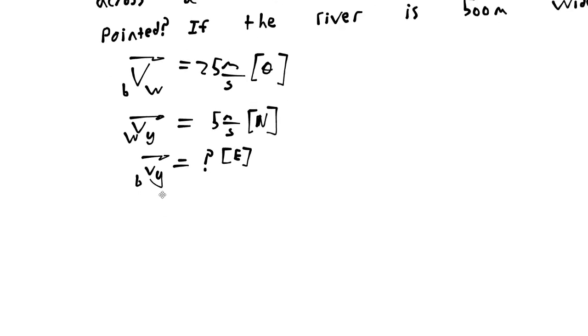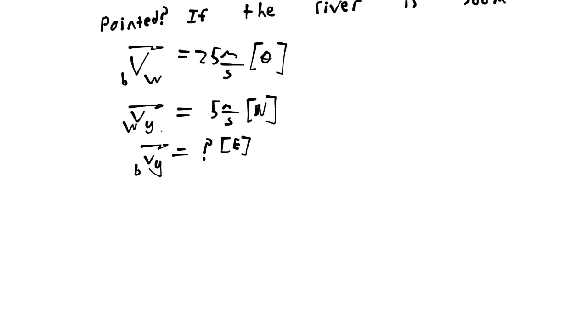So for the boat's velocity to the ground, you have to add the boat's velocity to the water and the water's velocity to the ground. So I'll just write that in. Boat's velocity to the water plus water's velocity to the ground.